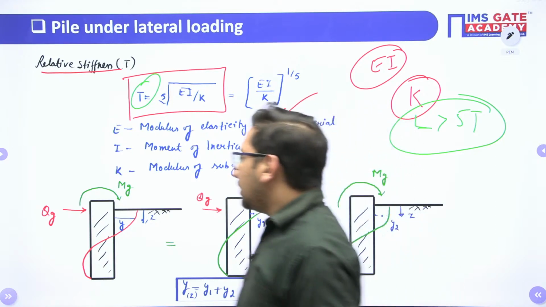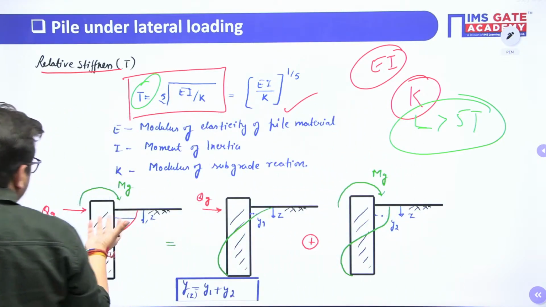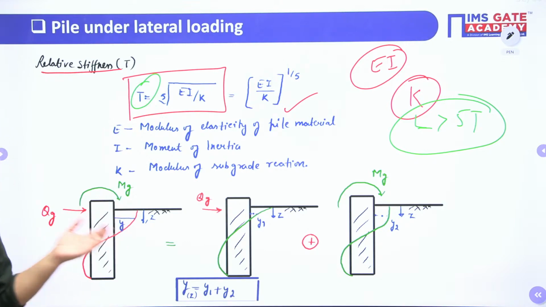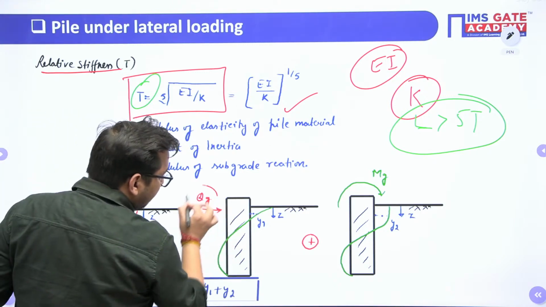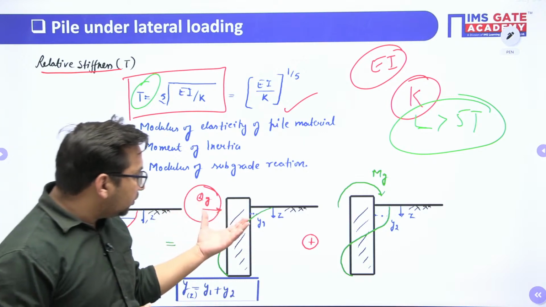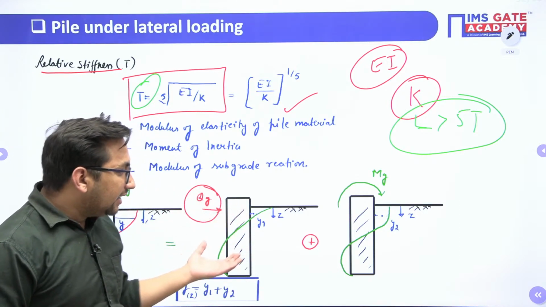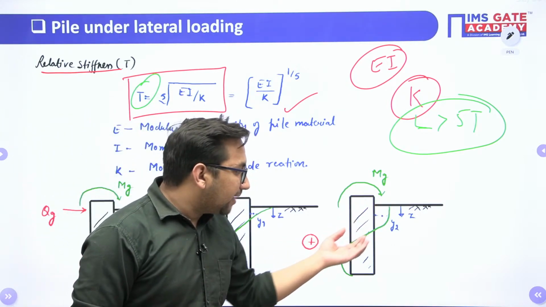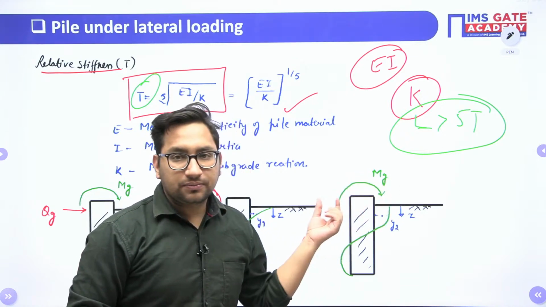Clear? Now again, to calculate the deflection at different points, what do we do? We use the superposition method. This pile will get deformed due to this loading. So we'll calculate the deformation due to this loading only, and the deformation in this pile due to this moment only.